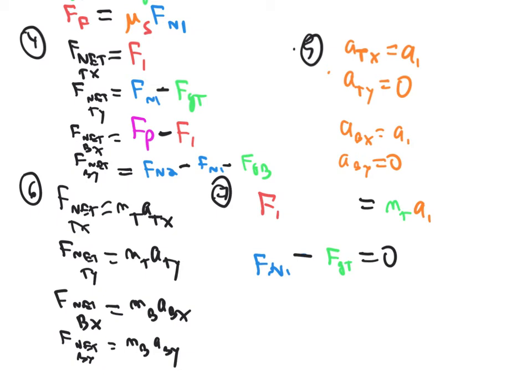And then we'll have that Fp minus F1 is the mass of the bottom one times the acceleration as well.